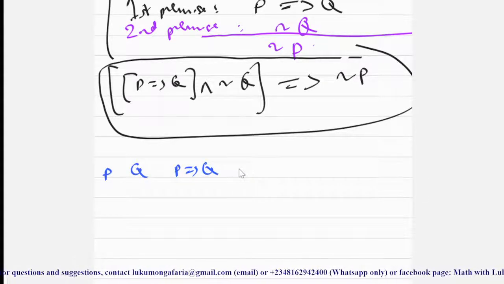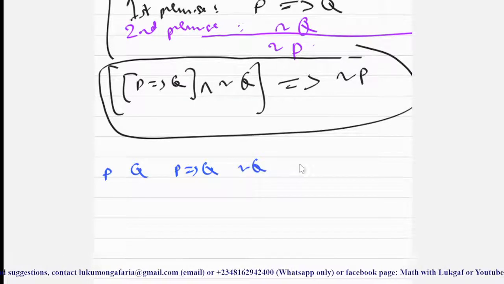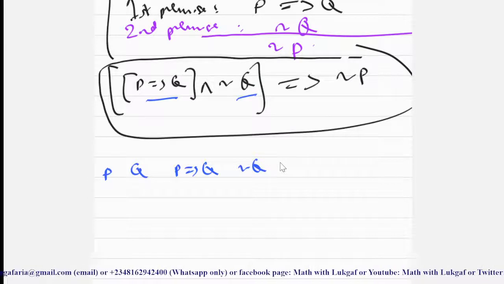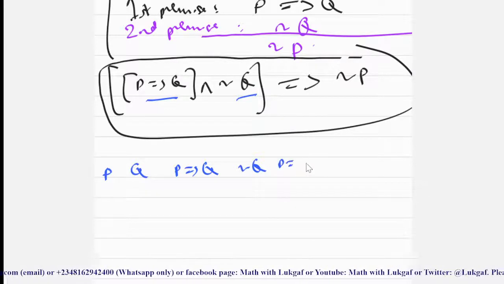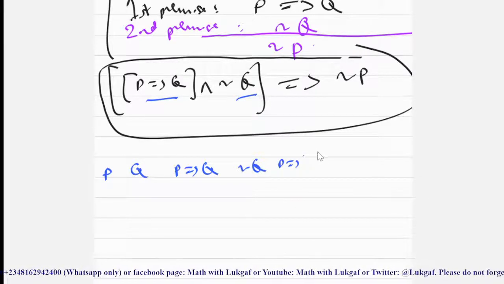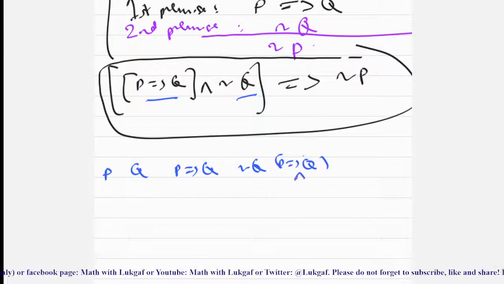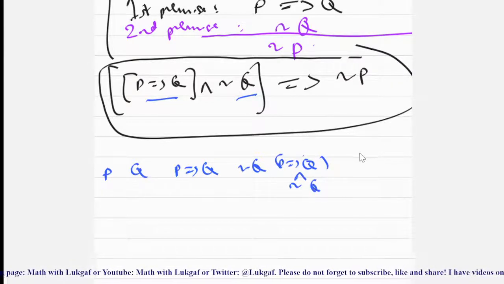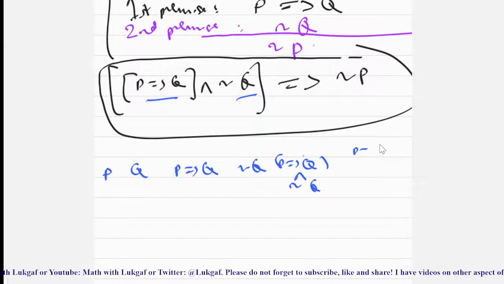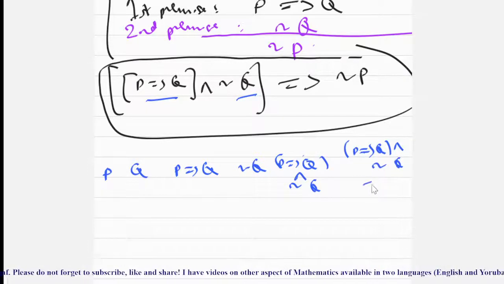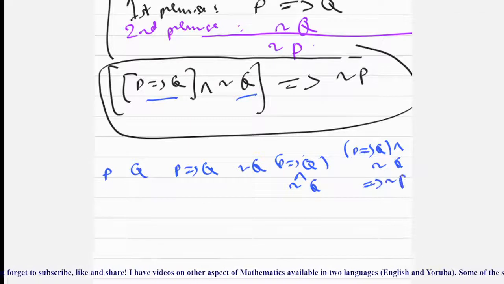Then I can have my negation Q, because I want to marry this with this. Then P and Q and negation Q. And lastly, P implies Q and negation Q implies negation of P.